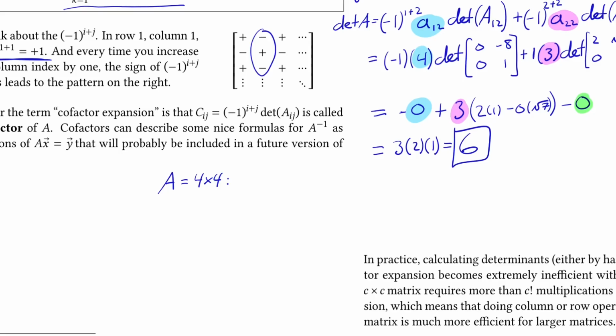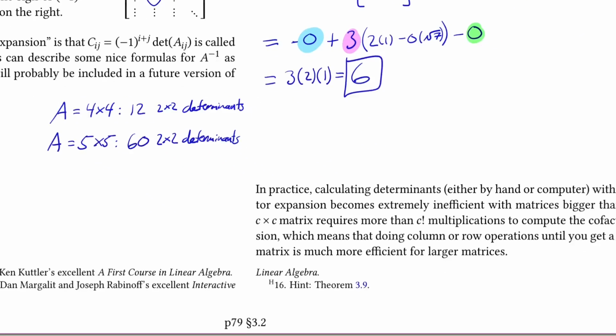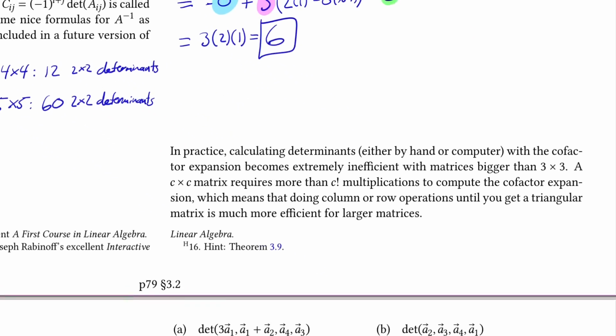So that's going to be 12 2 by 2 determinants to calculate. If A is 5 by 5, well, that's going to be 5 4 by 4 determinants, and each one of those 4 by 4 determinants is 12 2 by 2 determinants. So yeah, that gets kind of out of hand.